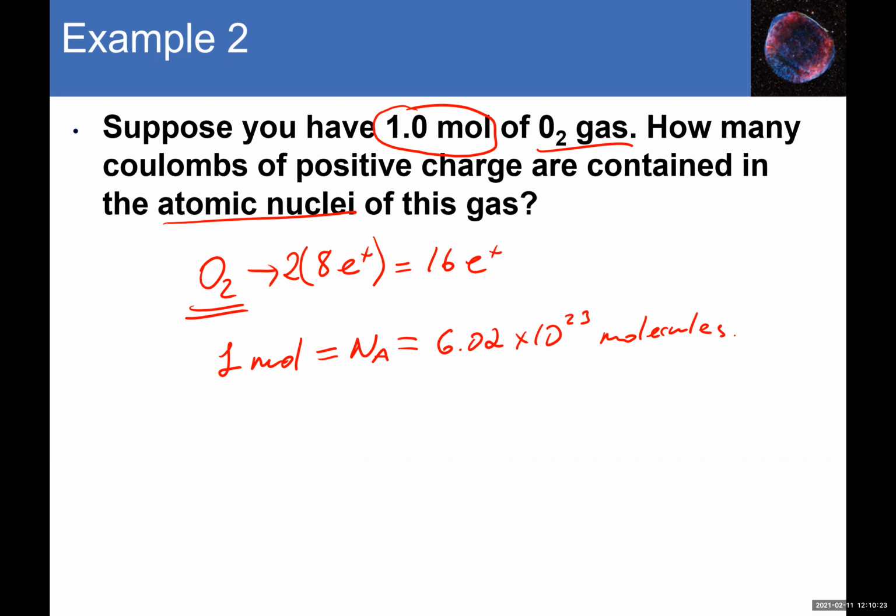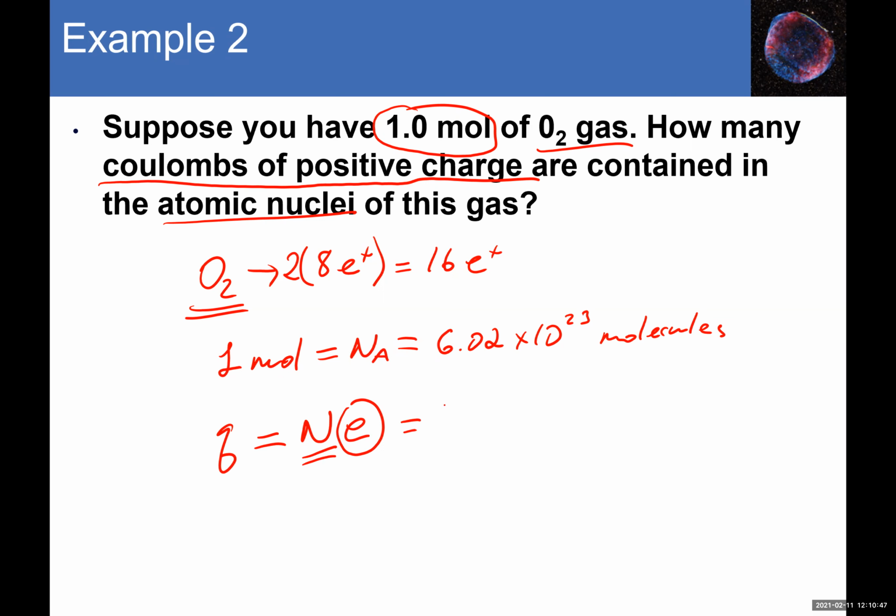How many coulombs of positive charge are contained? Q is the total charge, which is N times the charge that you have. This is the charge of your molecule, and N is the number of molecules.